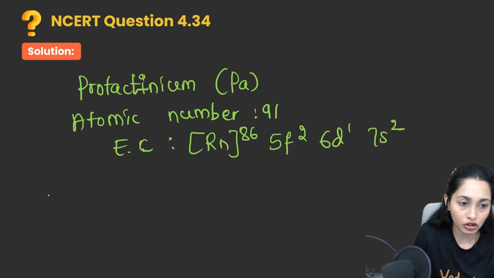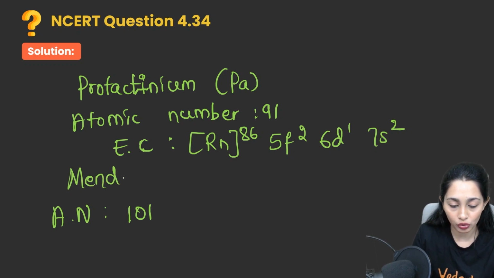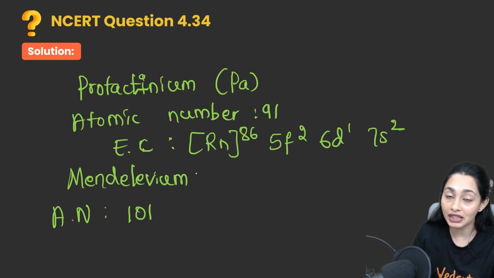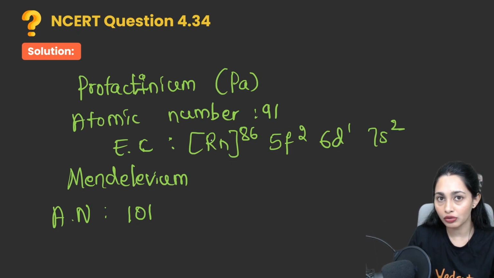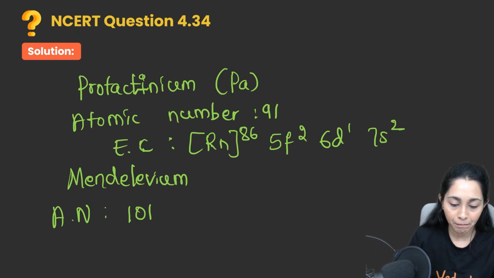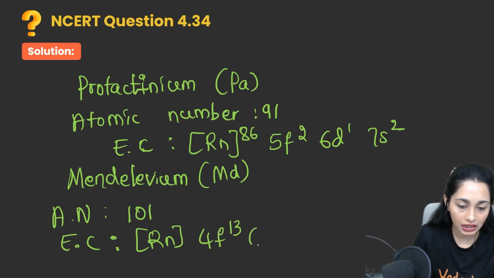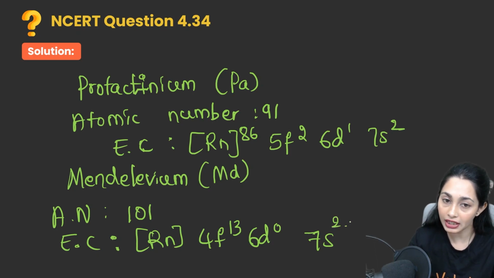Next one with atomic number 101. It is mendelevium, named after the scientist Mendeleev, who proposed the periodic classification. MD is the symbol. Electronic configuration is radon followed by 5f13, 6d0, 7s2.